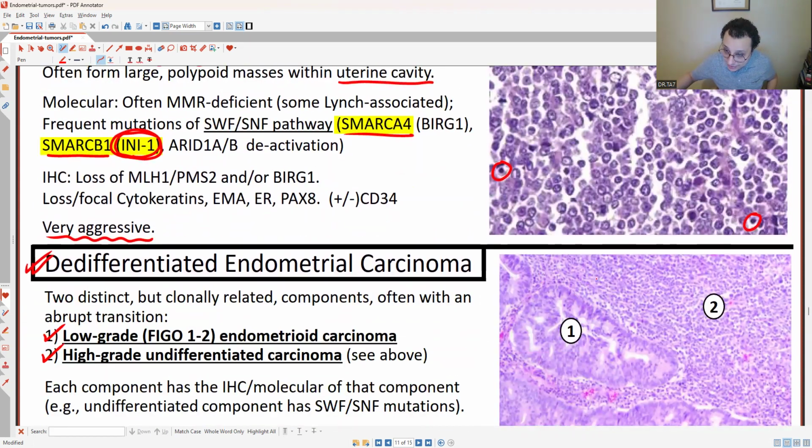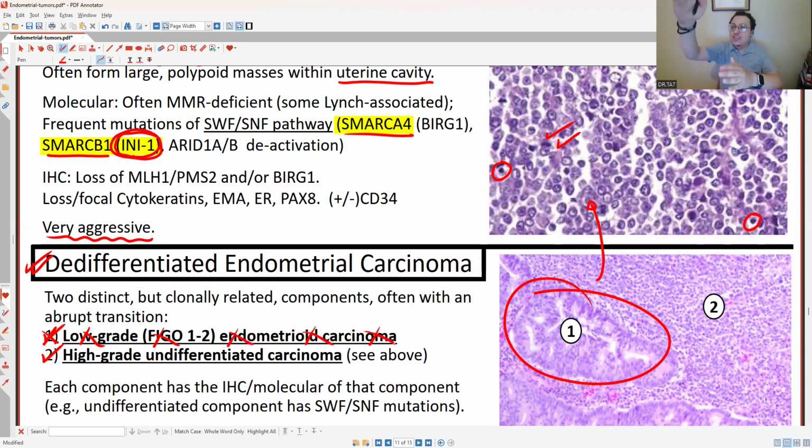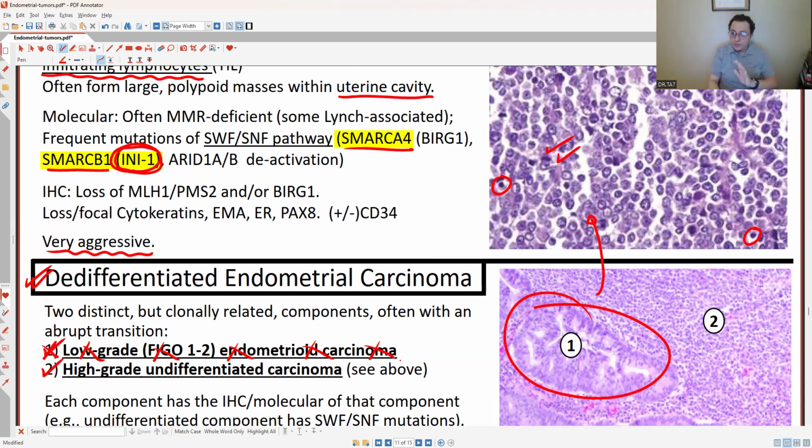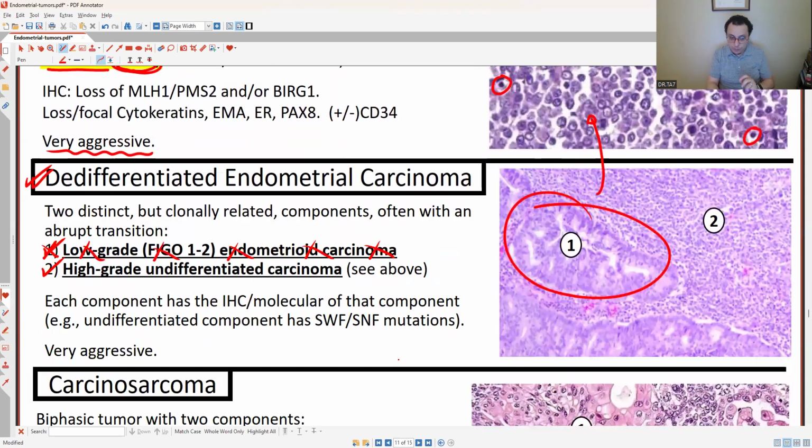And that's why I'm saying that they believe that this one was actually like this, but it's too late. The patient was discovered very late, to the point that there is no low-grade FIGO 1 or FIGO 2 component remaining. It's just the undifferentiated component. That's what you see under the microscope.